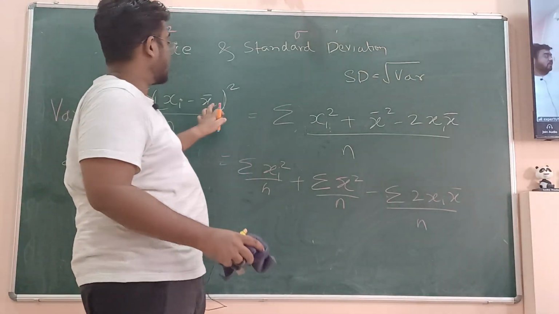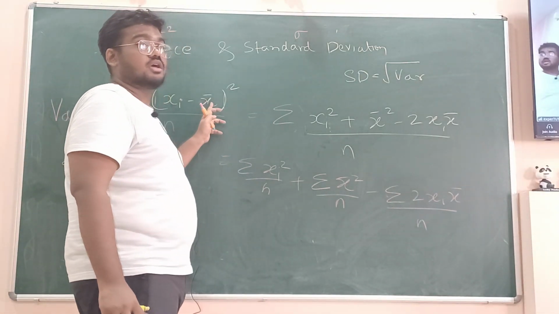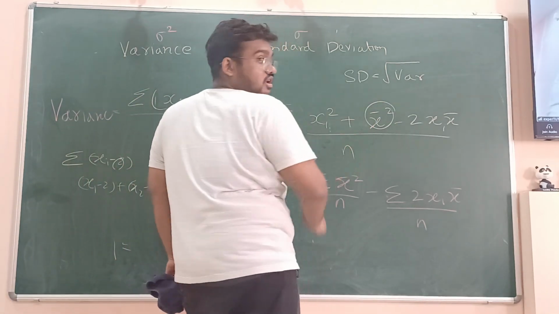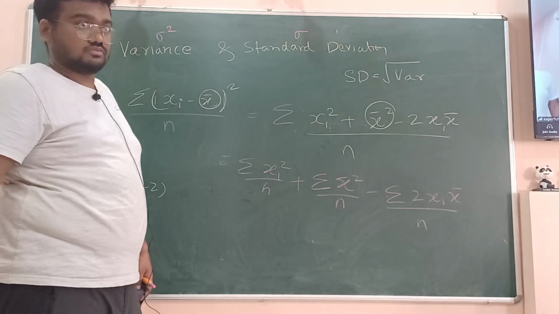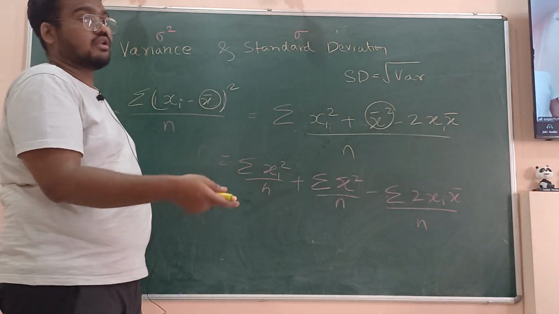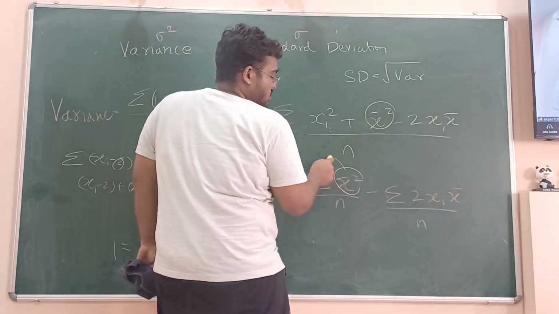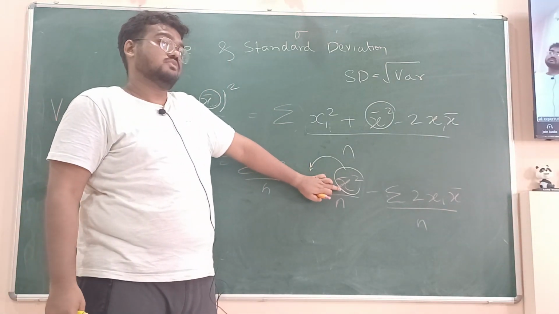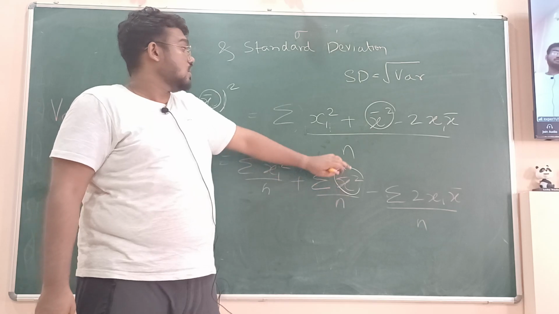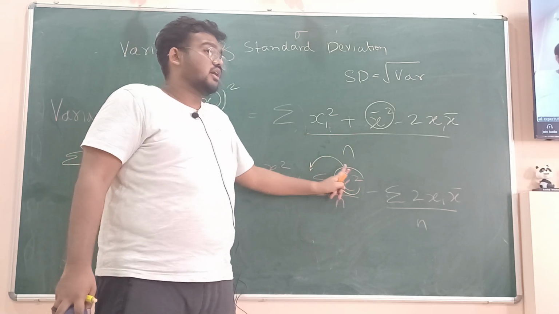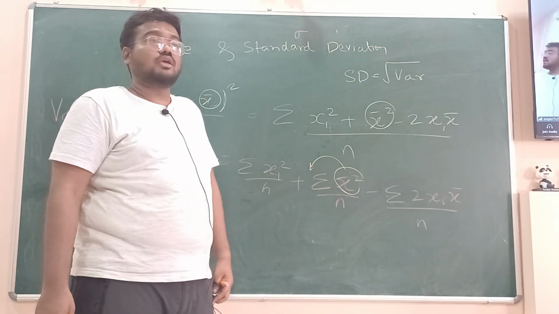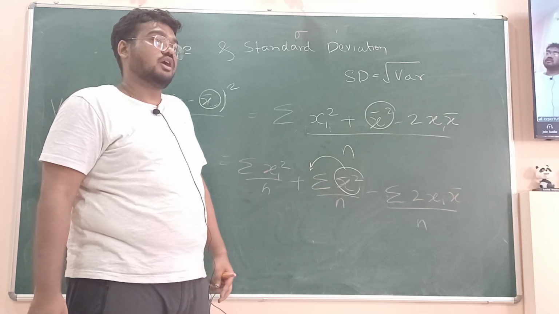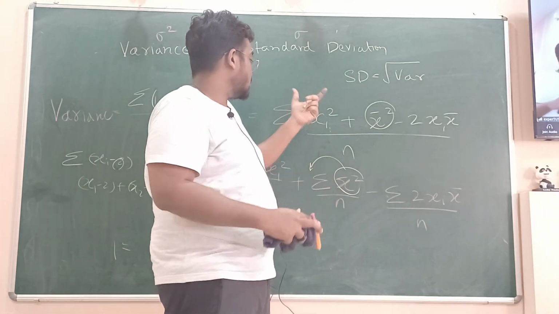What is constant here? x bar is always the same. You are adding it over and over, so it will come out. And how many times are you adding? The answer will be n times x bar square.